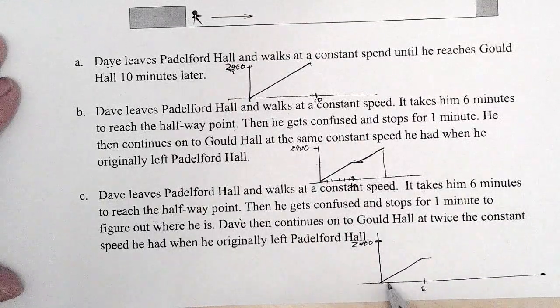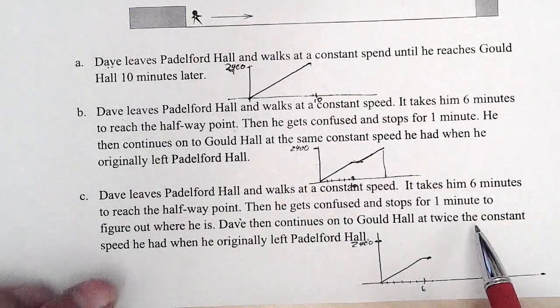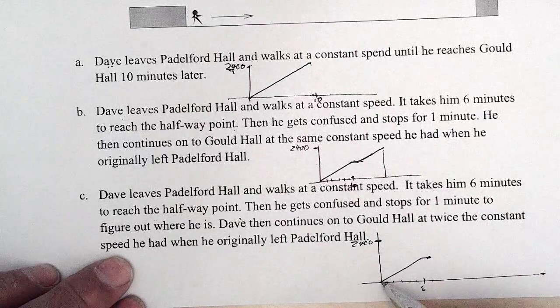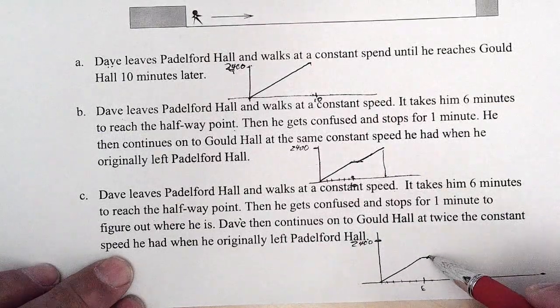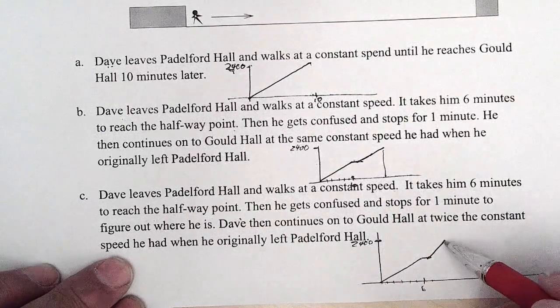So if that's 6, 1, 2, 3, 4, 5, 6, 1 minute would be about there. Then he continues at twice the constant speed he originally had. So now it's got to be twice as steep, something like this, steeper than the other one.